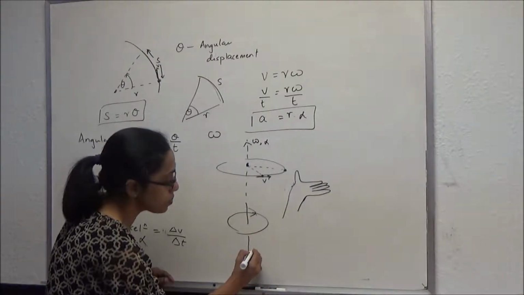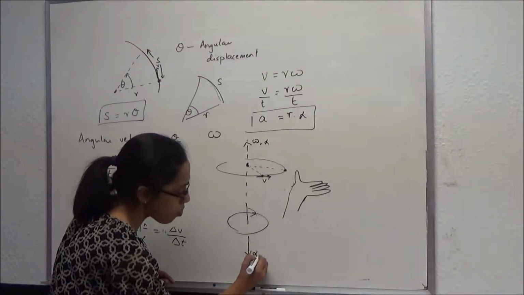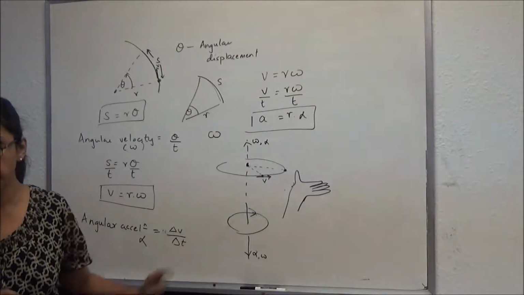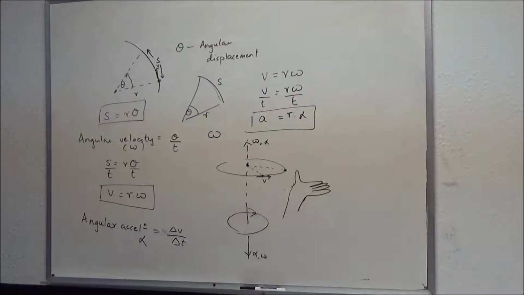So alpha or omega is in the opposite direction. Please make a note of it, because I don't think that it was in the note. In the next table you see the relationships I was talking to you about. Alright, let's do the first sum.